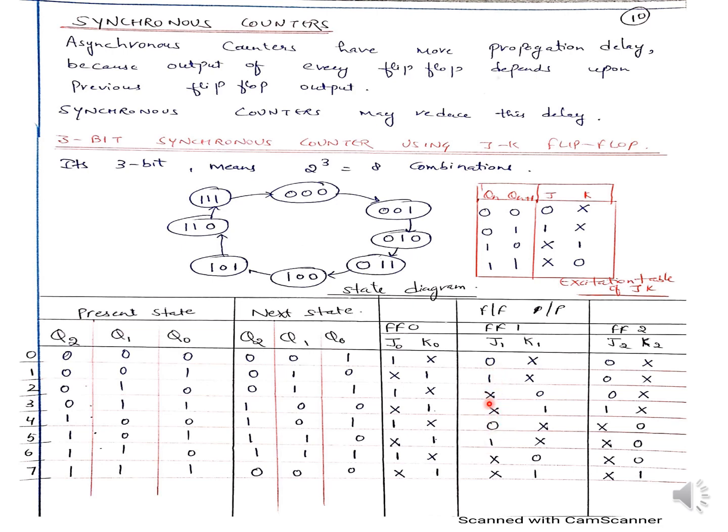Same for J1. You all know we don't write 0 in the K-map because we are doing the SOP form, not the POS form. In K1, again cross and 1 we will write, not 0. In J2 we will write 1 and cross, and in K2 we will write cross and 1. So we will fill all the 6 K-maps like this, and it will be a 3 variable K-map, because it is 8 combinations.